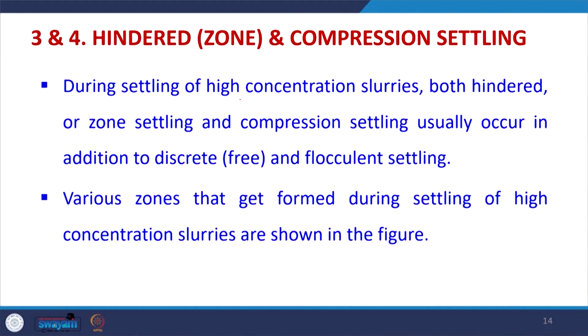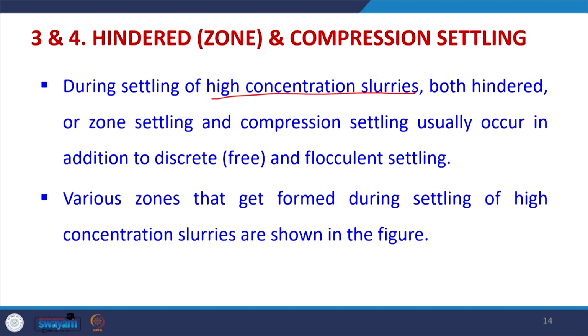Then there is another type of settling, which is called hindered settling or compression settling. So, now we are going to start this. Hindered settling or compression settling are true for high concentration slurries, where the concentration of solids is very high.